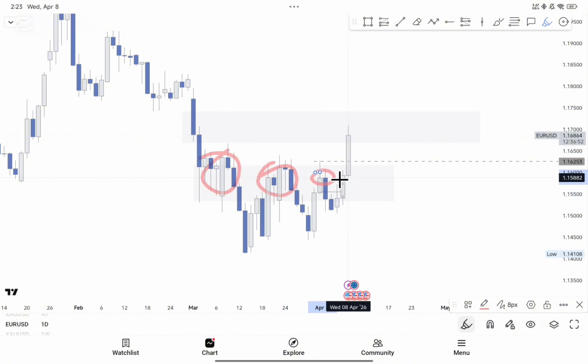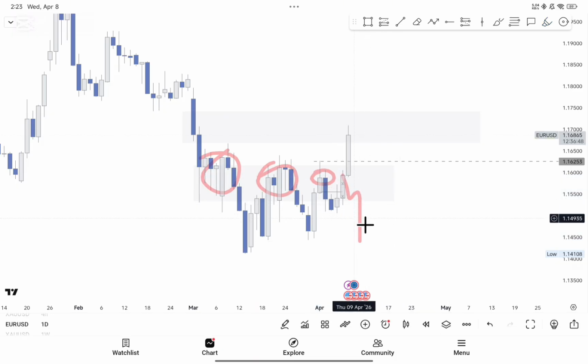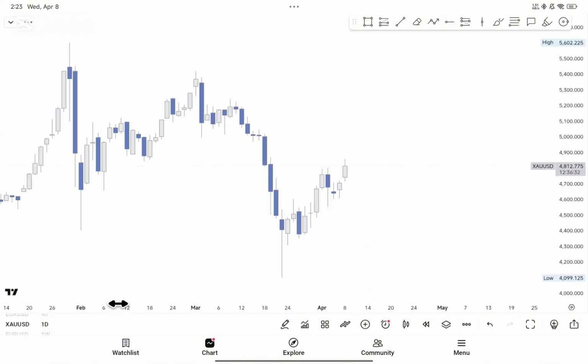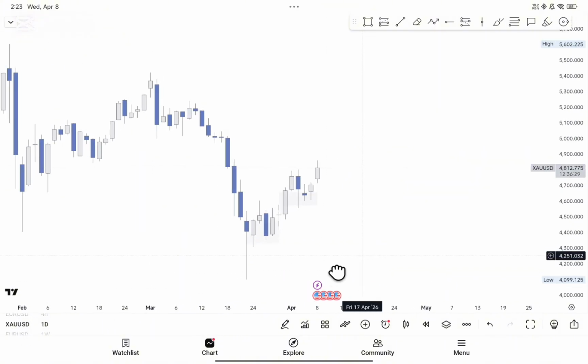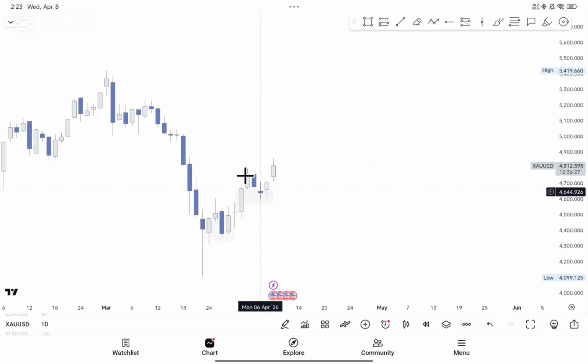So I was like, okay, this one is going to be something like this, which is what made the whole confusion. I was focusing on old price instead of what price is choosing to respect now. Instead of focusing on one single day, I was focusing on the whole move. And if I take a look at Gold USD, it was a similar thing there as well, where we had this fair value gap in which price was failing to break below.